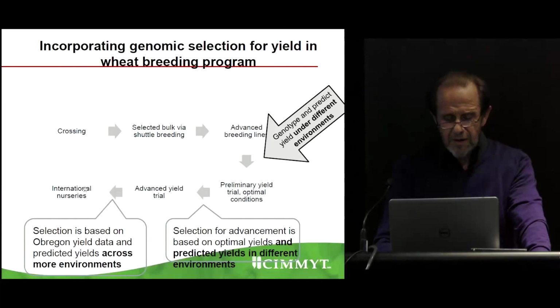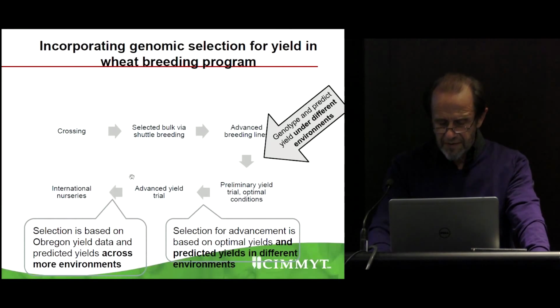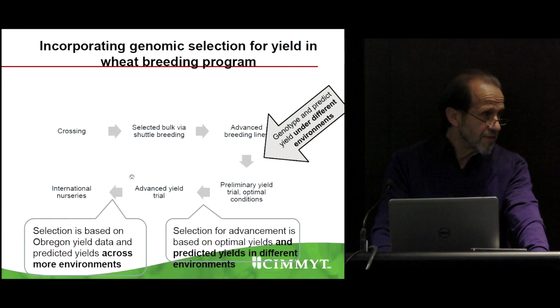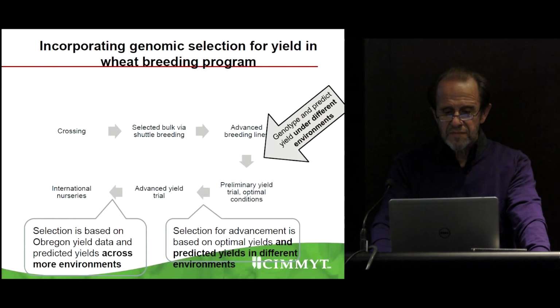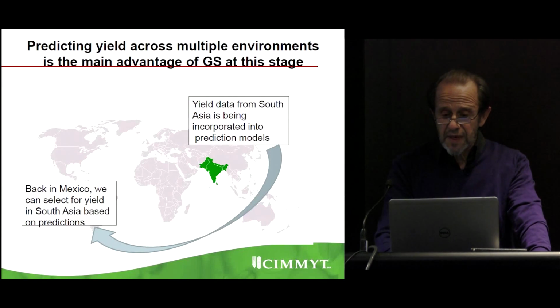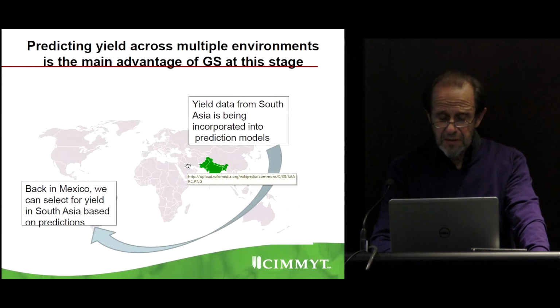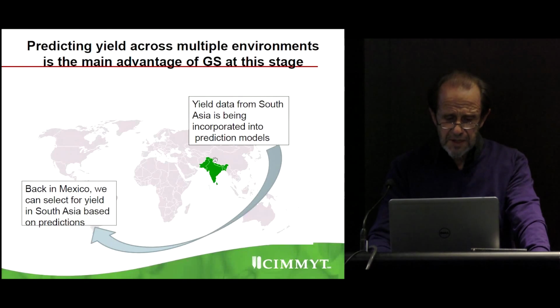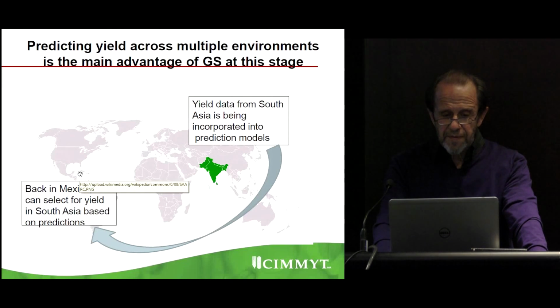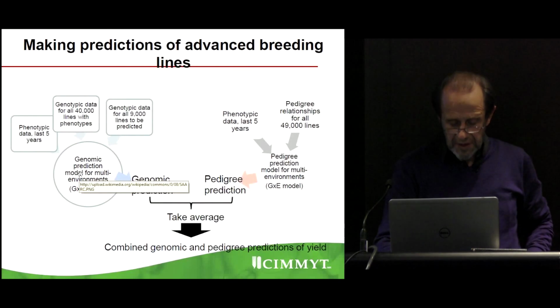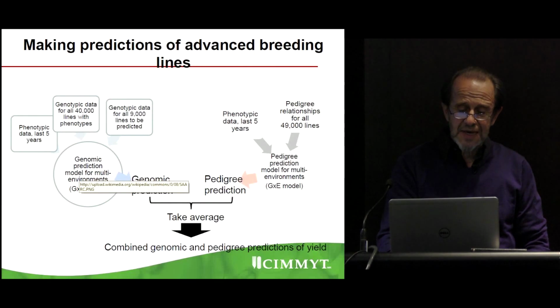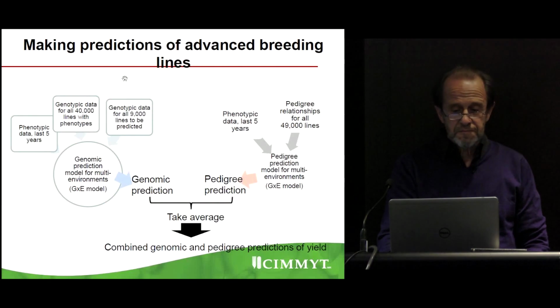On the Indian sites, we have about 400, 500. Then we have the yield from South Asia that is incorporated into the prediction models and back to Mexico for prediction. So making prediction of advanced inbred lines was the idea in this project.